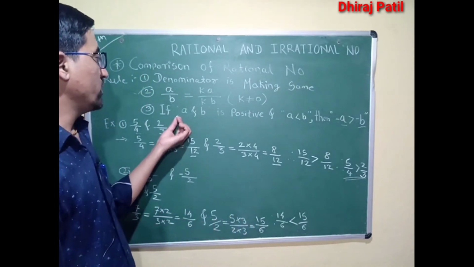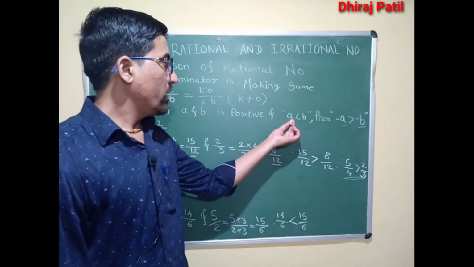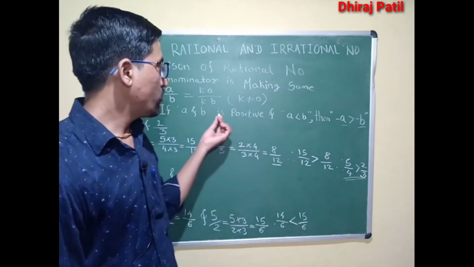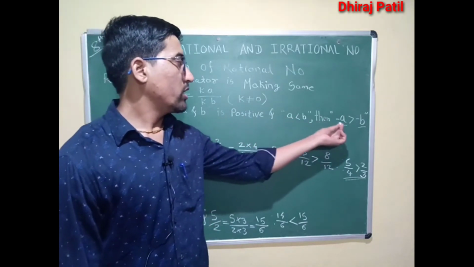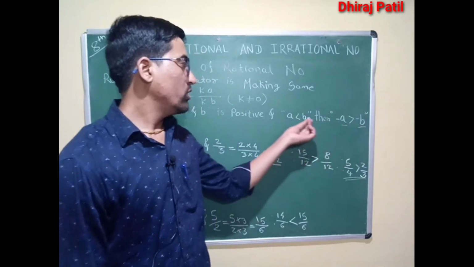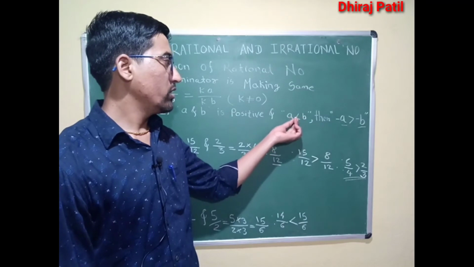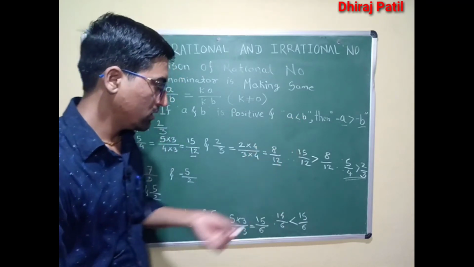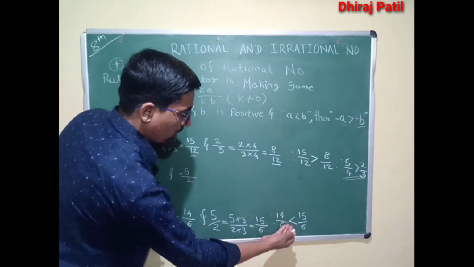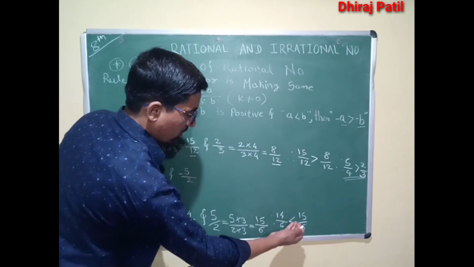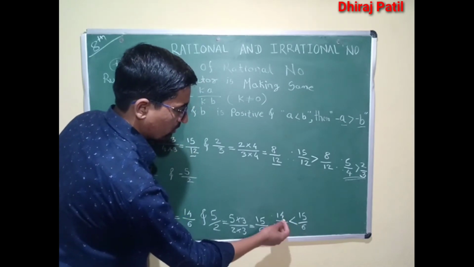By using rule 3, A is less than B if they are positive. I have taken minus numbers, so our sign is changing. It means we take the reverse sign. So 15 divided by 6 and 14 divided by 6, these are our positive signs.